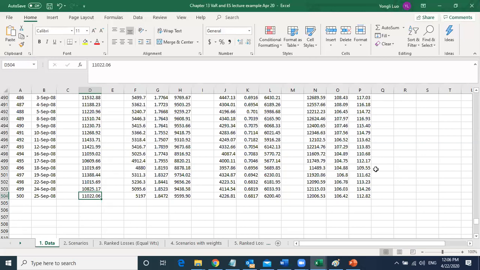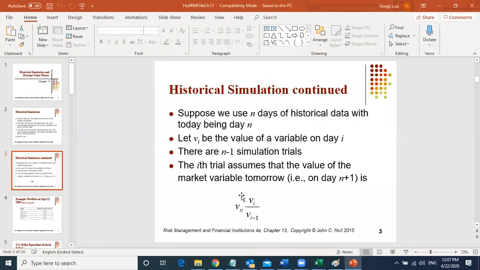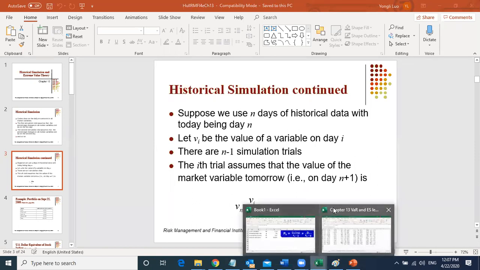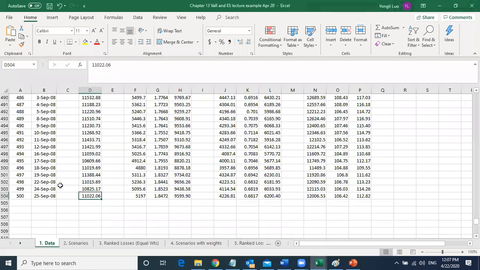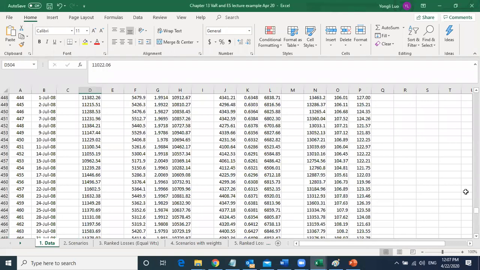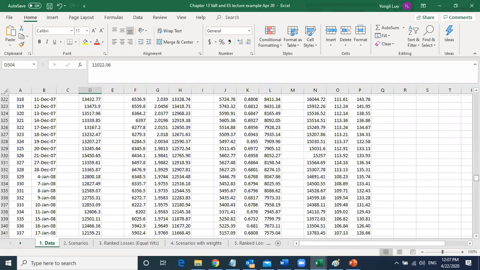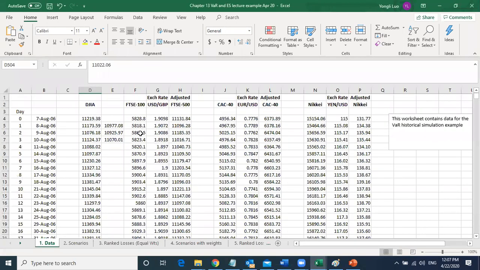Then you want to calculate the return. This assumes that the value of the market variable tomorrow is simulated. So we create a series of simulated values.